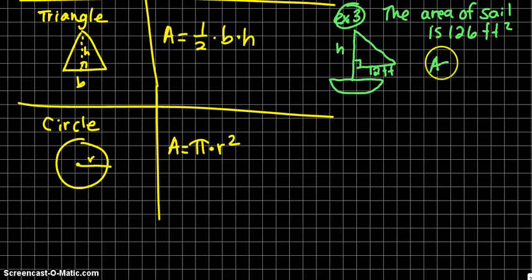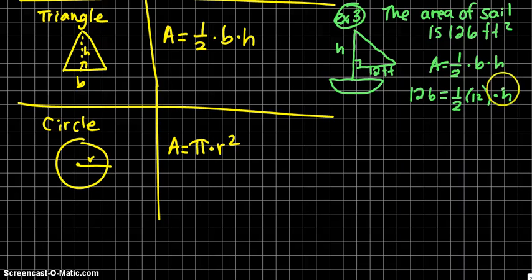So it's a triangle, so if my area is 1/2 times my base times my height, we know that the area is 126. We know that the base is 12, and I do not know what the height is. So the reason I'm saying these are a little more confusing is that your variable is not going to be your area. Your variable is going to be somewhere else in your problem, and then you have to solve for it.